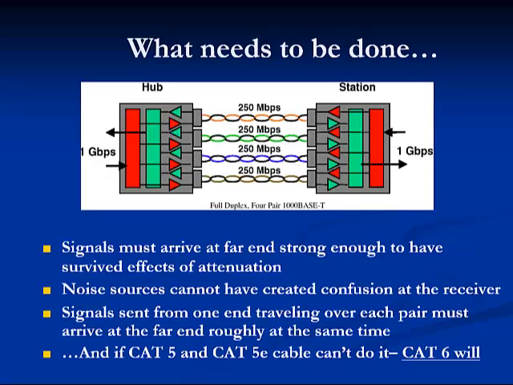Remember that signals are transmitted in both directions, from the NIC to the switch port and from the switch port to the NIC. Also recall that in gigabit Ethernet networks, all four wire pairs are used, and the data signals are transmitted in both directions simultaneously, which is called full duplex transmission.